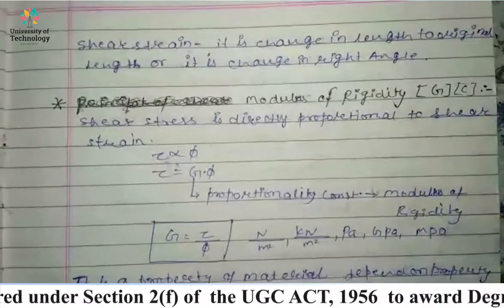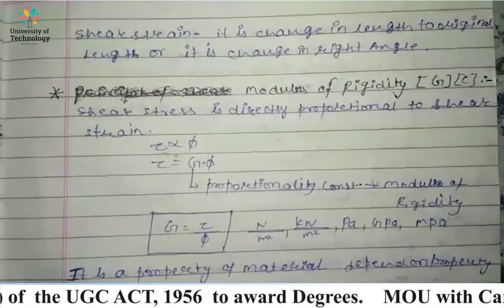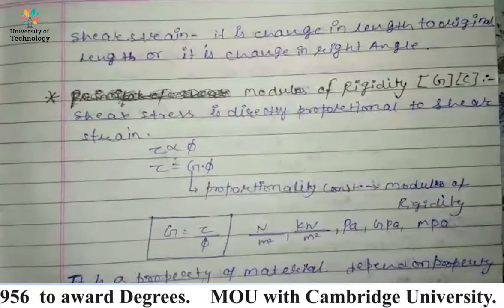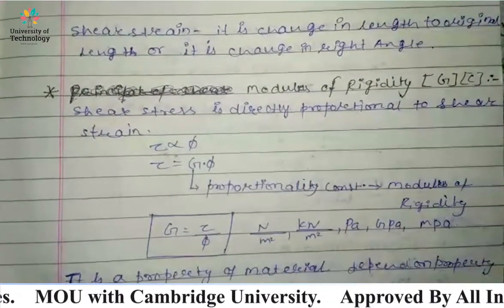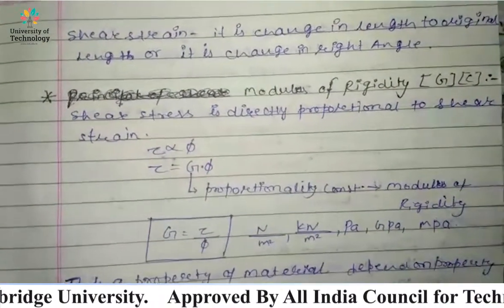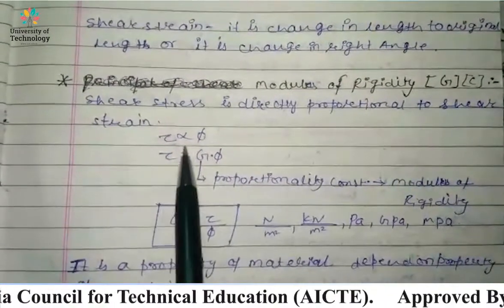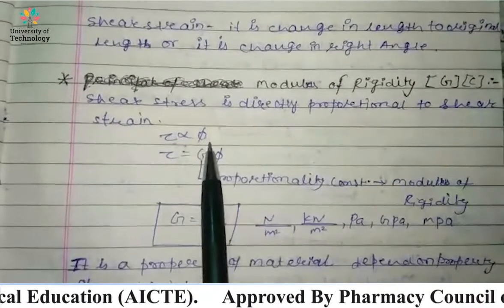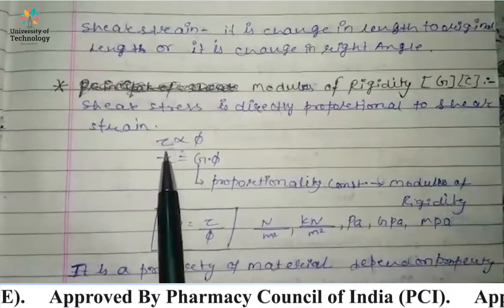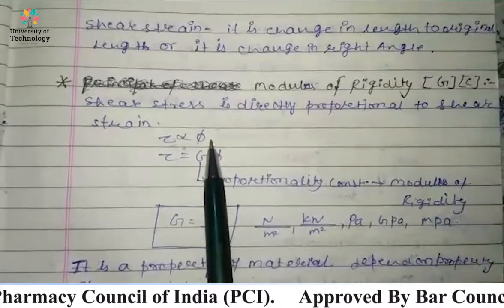Okay, and modulus of rigidity is denoted by G or C. Shear stress is directly proportional to the shear strain by Hooke's law. We can express this by this relation: tau is directly proportional to phi, where tau is the shear stress and phi is the shear strain.